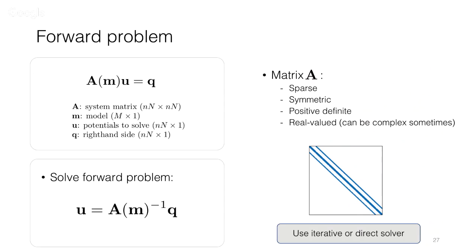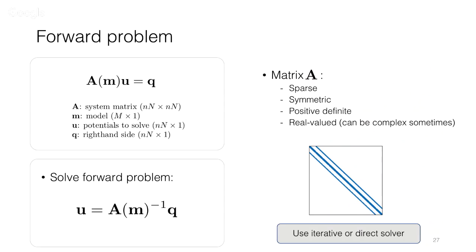So our solution is basically solving this system here. And we have to solve it each time we change our source location. So if we put a current here, we solve it.